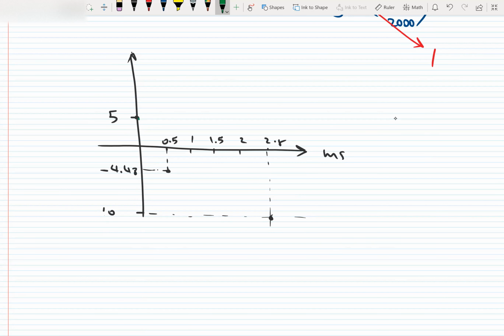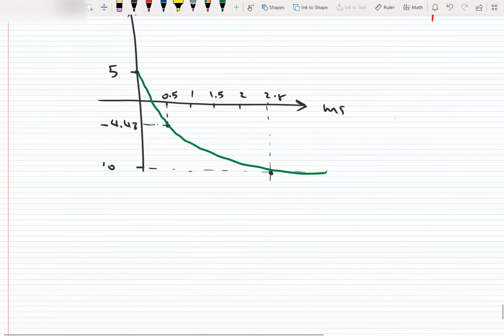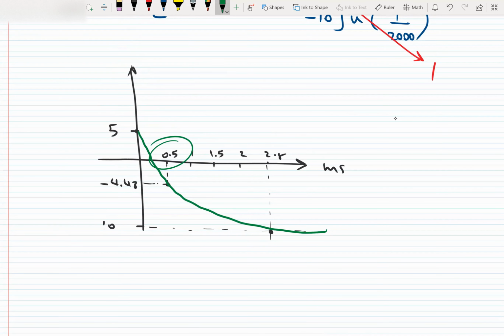And so we can now sketch the signal. Okay, so this one is the signal. Where did I get this 0.5? We know that tc is 1 over 2000, which is 0.5 milliseconds.